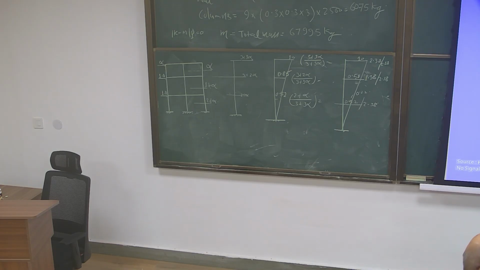Because it is more than 80 percent. People say the first 3 modes contribute around 90% of the total mass. That is why the first few modes matter. Even when solving larger problems, 7-8 modes for a building is good enough, and that will give a fairly accurate estimate of the response.